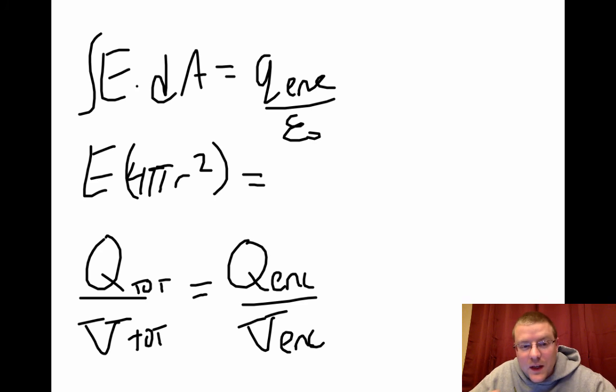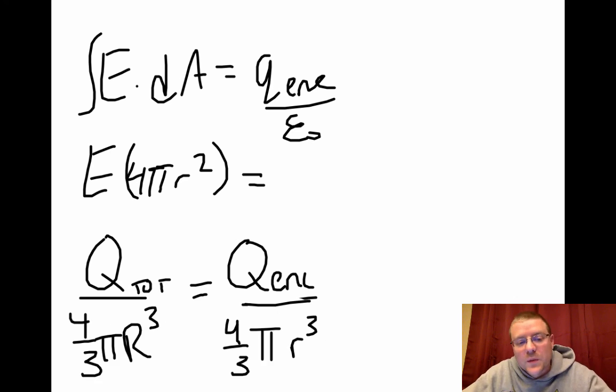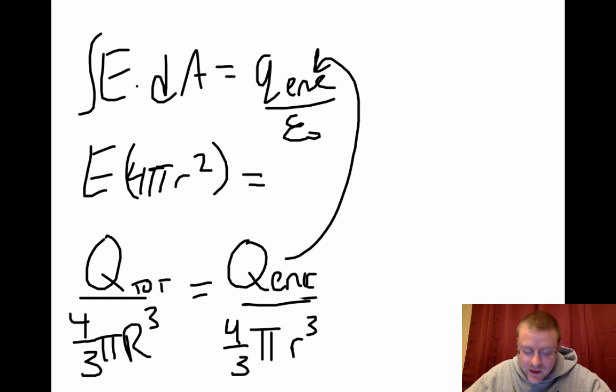With volumes, we need the entire volume of a sphere. If you remember the volume of a sphere, you have 4/3 pi big R cubed for the entire charge, and for just the enclosed region that we're talking about, it's 4/3 pi little r cubed. Since I need the enclosed charge, I need to solve for that.